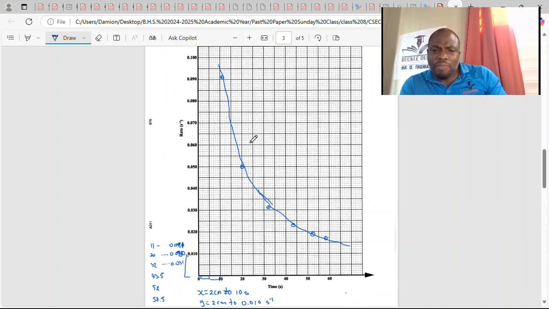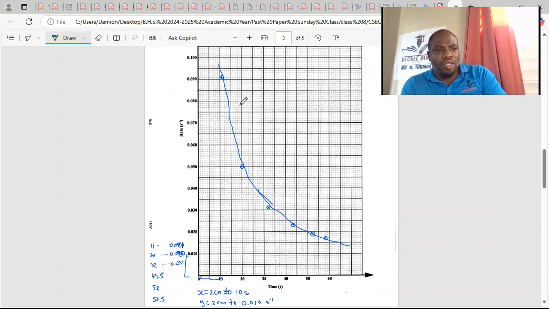So tell me now, what was happening to the surface area right here? Was the surface area increasing? No, it reduced. So we're decreasing the surface area.